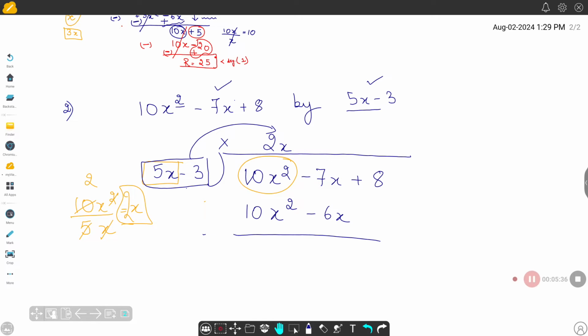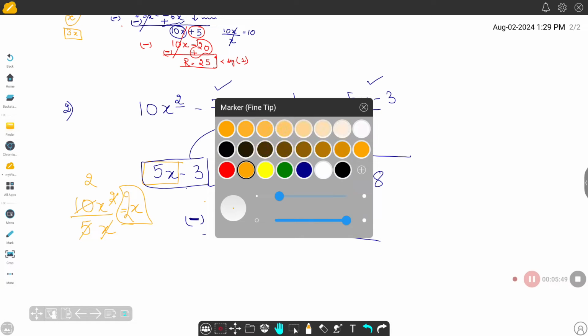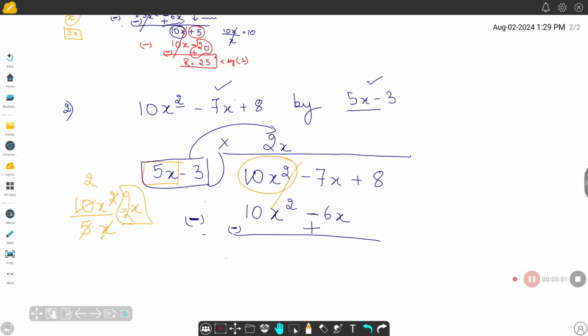Now here minus over there because they are positive sign, and minus plus minus, and then minus and minus, here it becomes positive. Now this plus 10 and minus 10 will be cut or eliminated. Now here minus 7x and plus 6x, we will consider the new sign of this term.